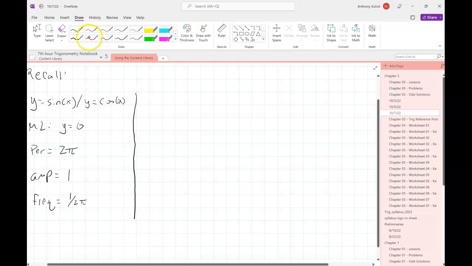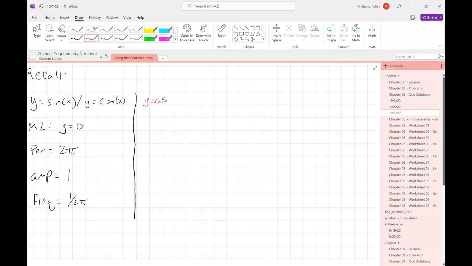The other thing we did last time is we talked about how to graph and describe the transformations to sine and cosine.